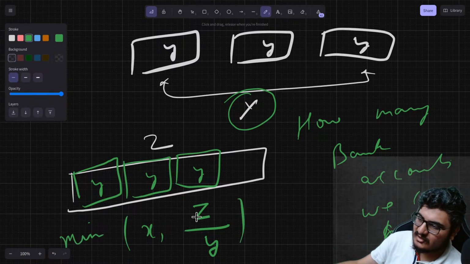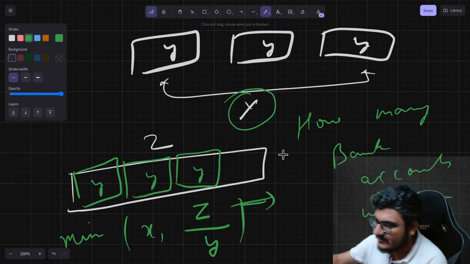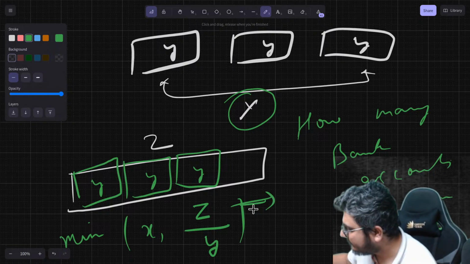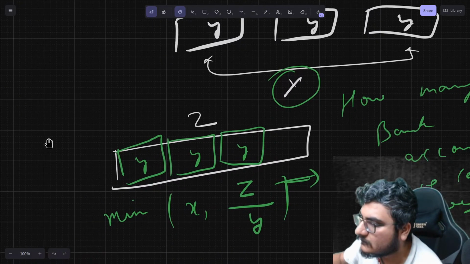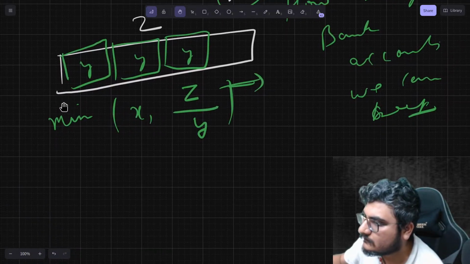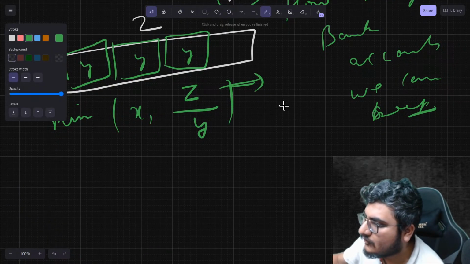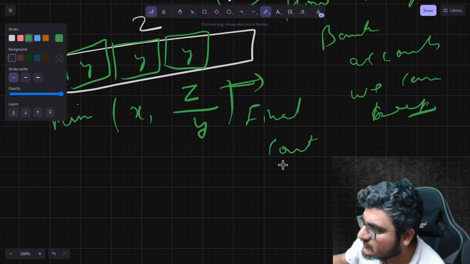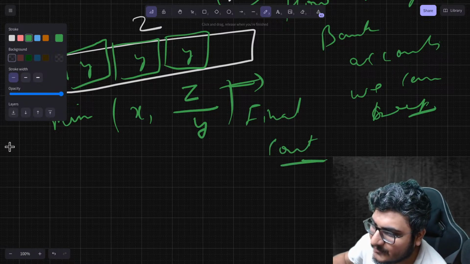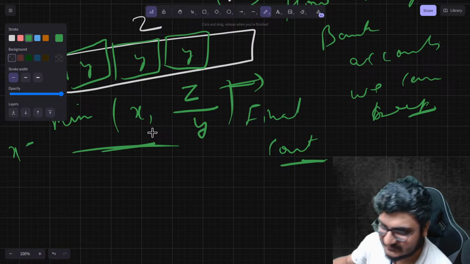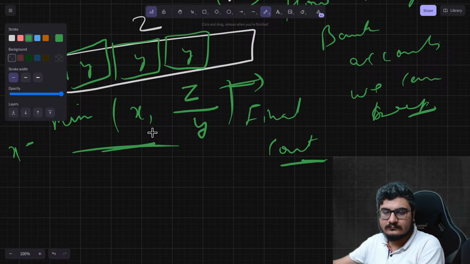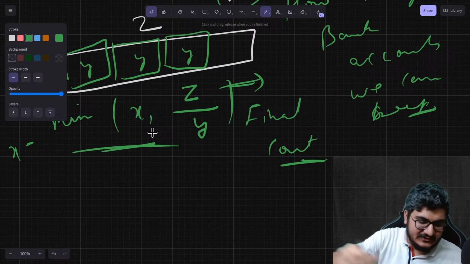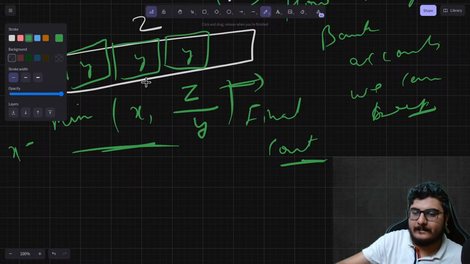So the minimum of X comma Z by Y would be the final bank account count. So the number of accounts which I have to remove would be X minus the total I can keep. Essentially that would be the solution here.